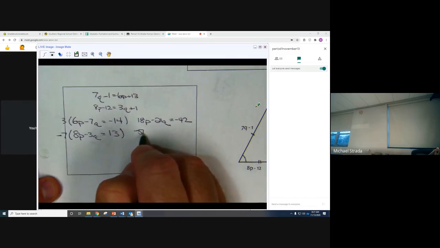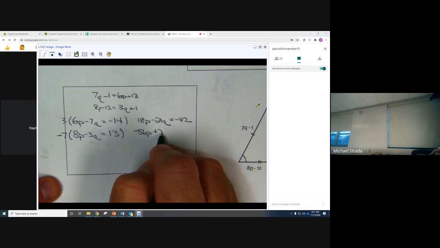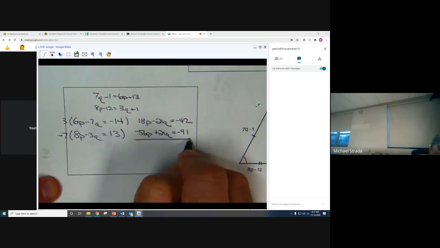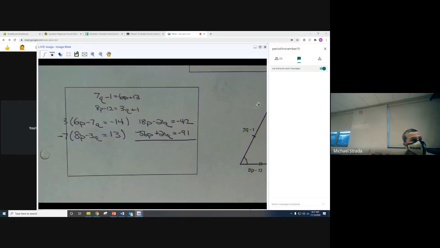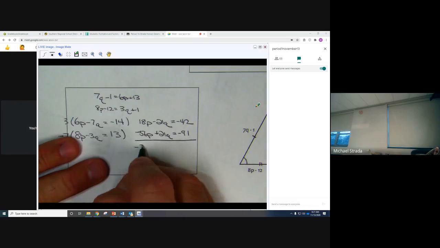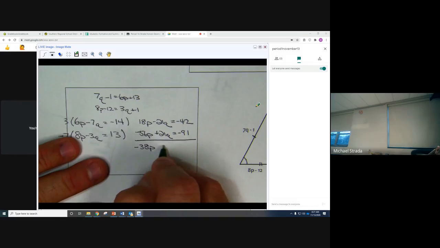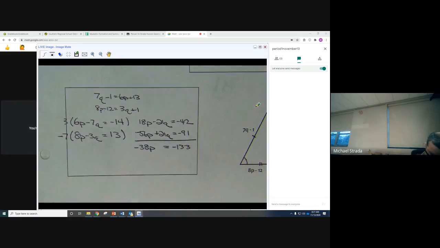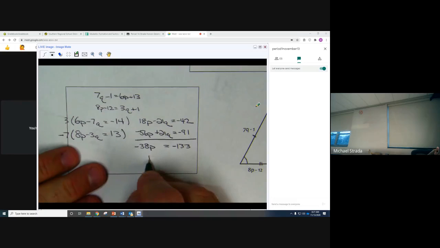Negative 56p plus 21q equals negative 91. This becomes negative 38p equals negative 133. And divide by negative 38, and that comes out to be 3.5.